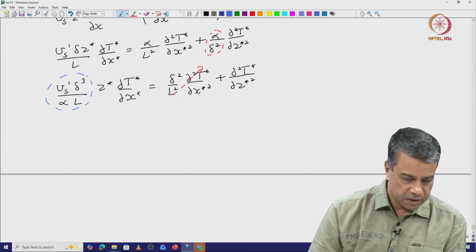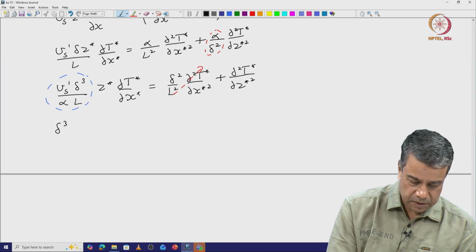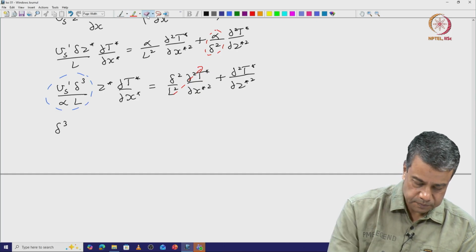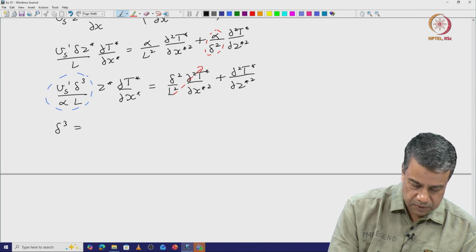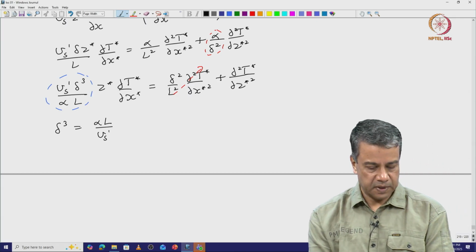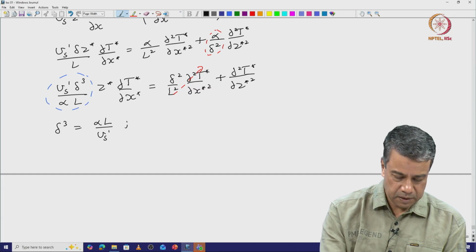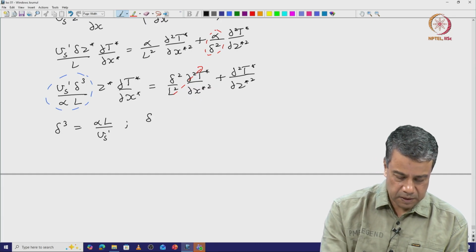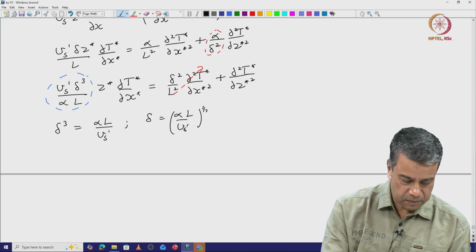From that we will get that delta cubed is equal to alpha L by Vs prime, or alternatively delta is equal to (alpha L by Vs prime) to the power 1/3.